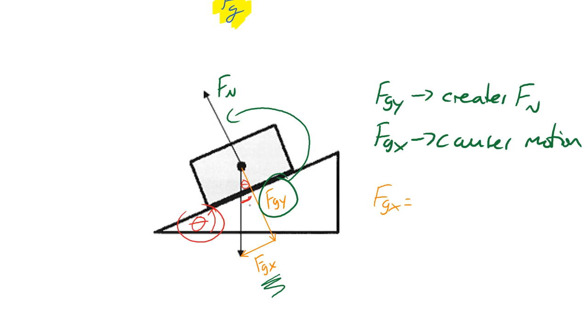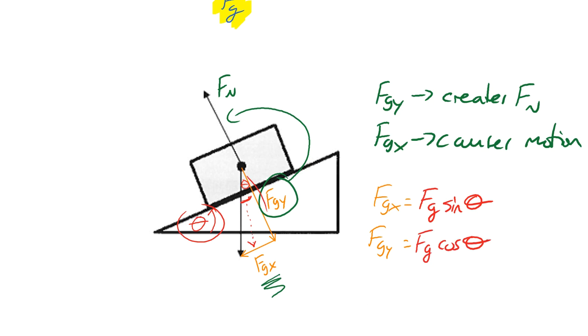And FGX is opposite to the angle. If you're solving for the opposite, you use the sine function. So that would be the force of gravity times sine theta. For FGY, that is adjacent to the angle, right here. And that means it would be the FG times cos theta.